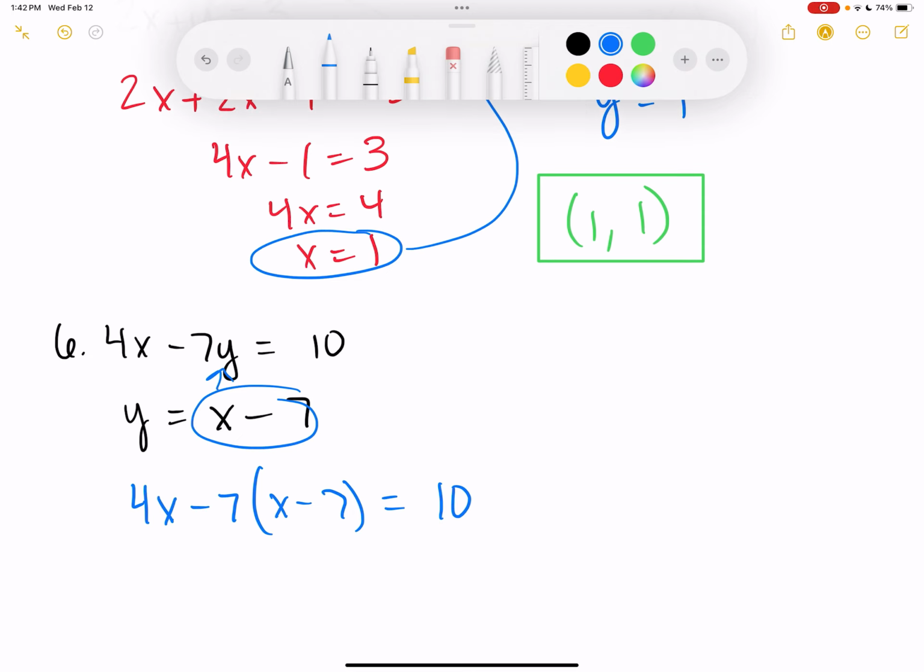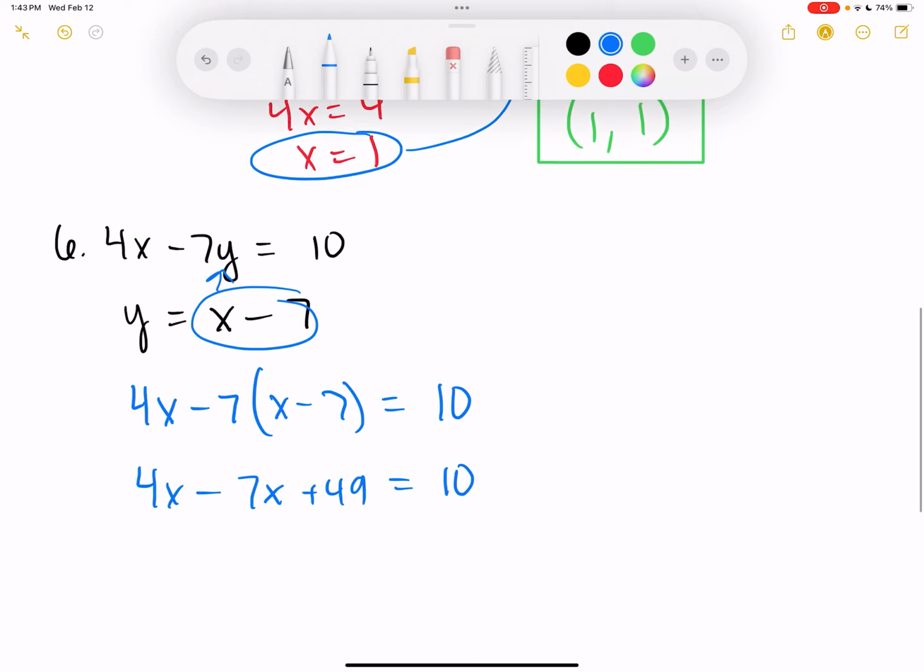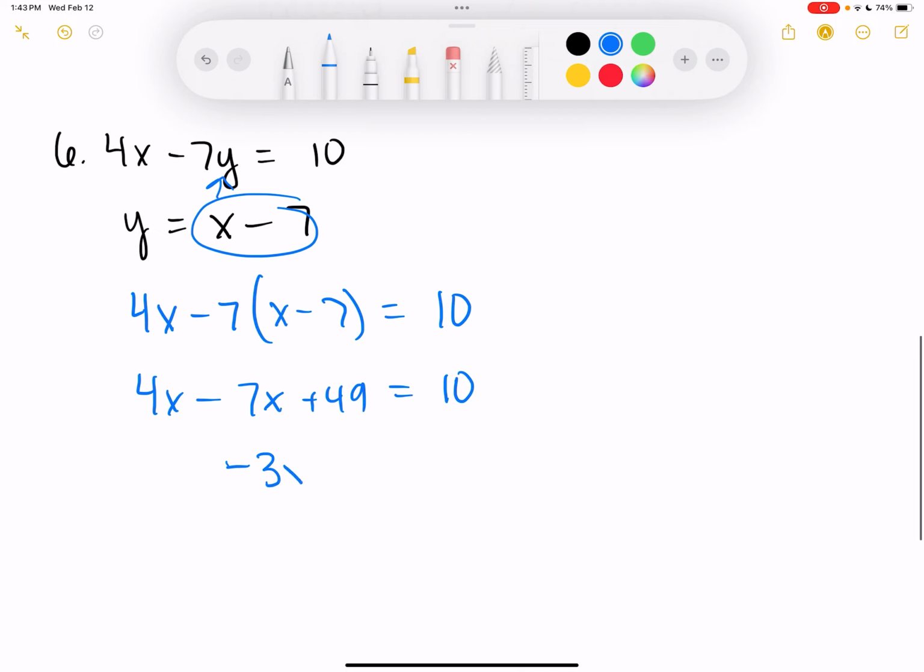So I also have to distribute because there was a number in front. So 4x minus 7x plus 49 equals 10. Combine like terms: negative 3x plus 49 equals 10. Subtract the 49: negative 3x equals negative 39. Divide by negative 3, so x equals 13.